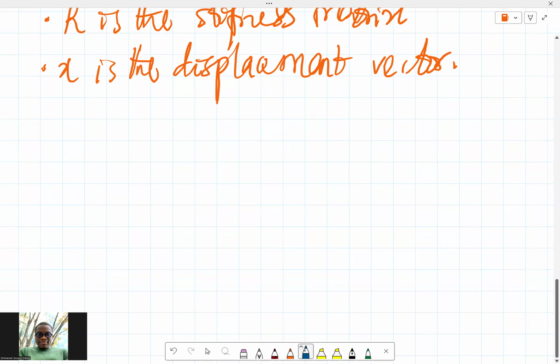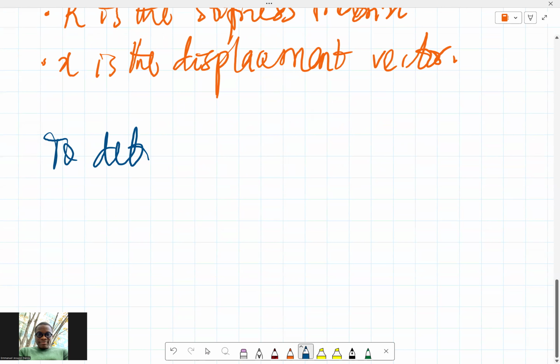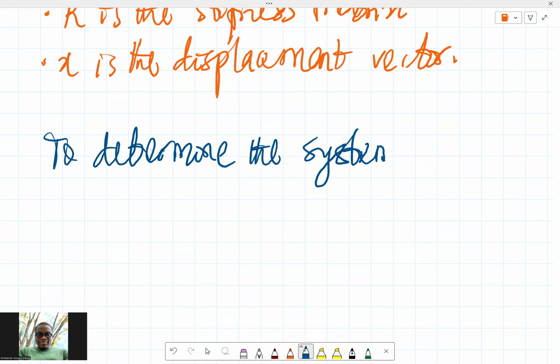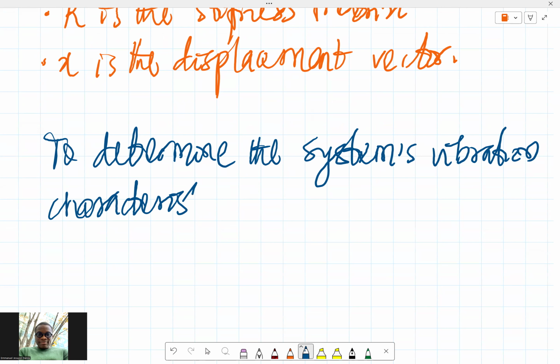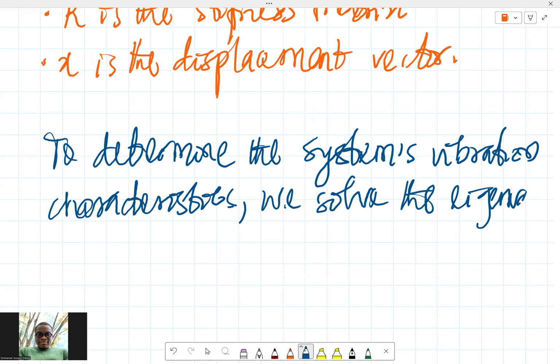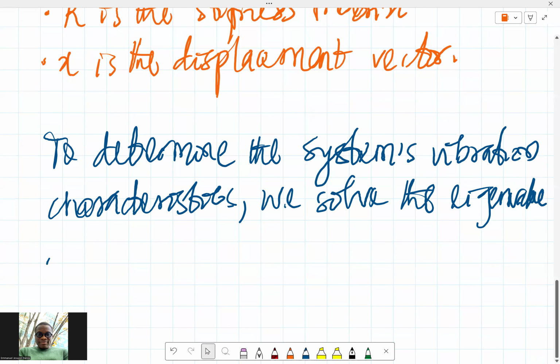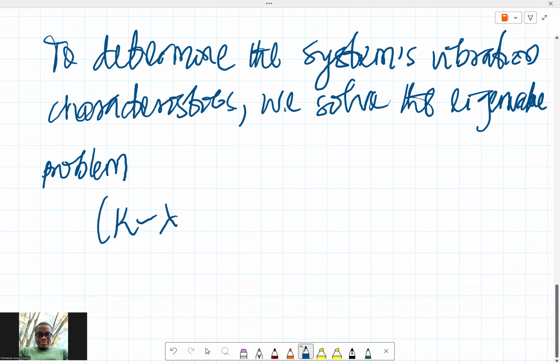Now, to determine the system's vibration characteristics, we solve the eigenvalue problem (K minus lambda M) v equals 0.